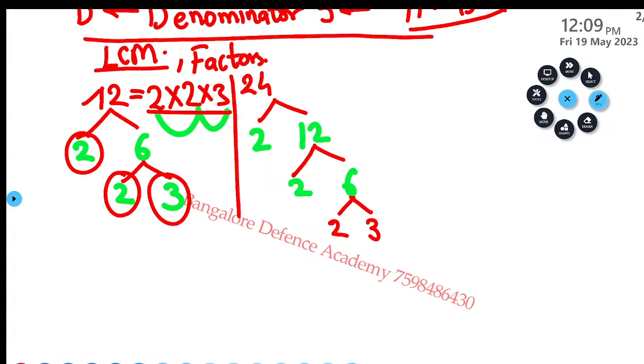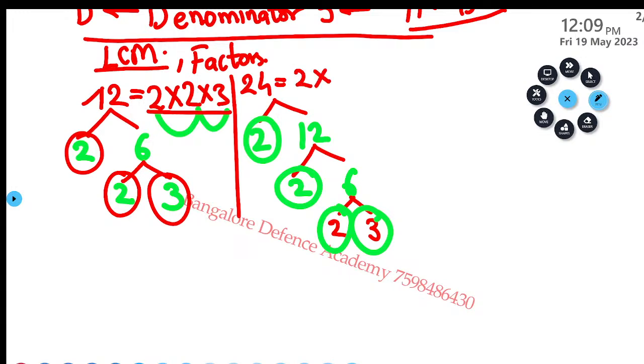So these numbers here which I am circling, that is 3, 2, 2 and 2, these are the factors of number 24. Look at this: 2 into 2 is 4, 4 2s are 8 and 8 into 3 is 24. So this is the way that you are going to find the factors.